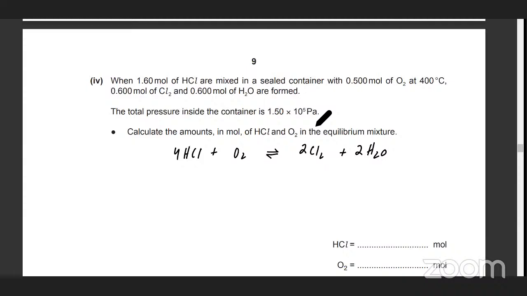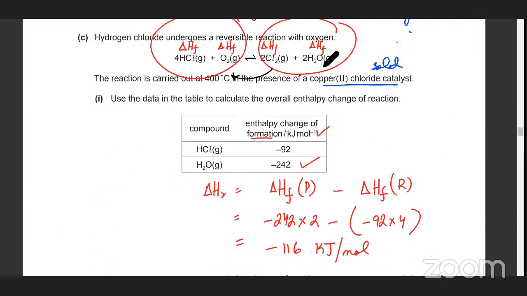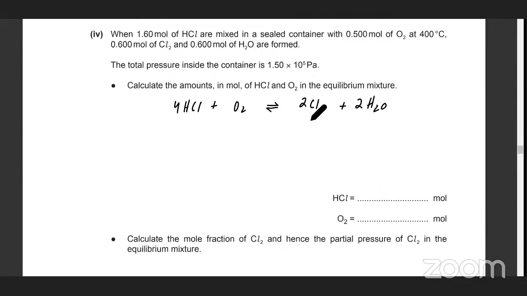Let me check if this is the equation. So this is the reaction that's happening, and what is given is the initial moles. So what are the initial moles? 1.6 moles of HCl, and 0.5 moles of O2 are mixed.